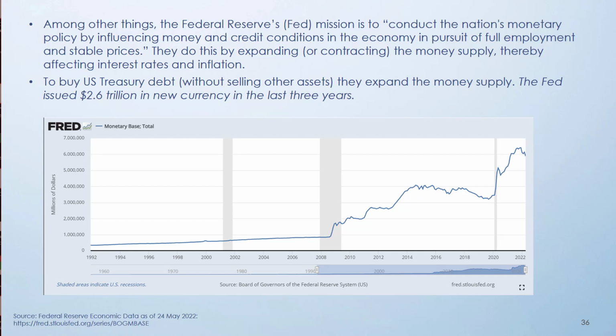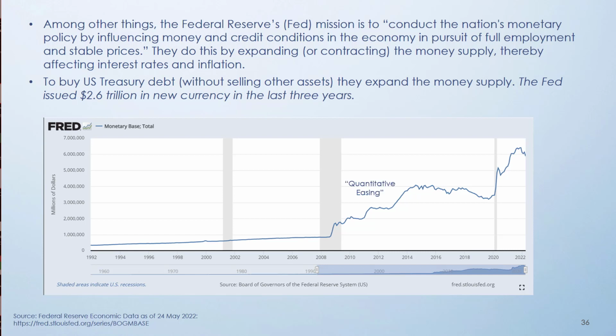Okay? So for them to have bought U.S. Treasury debt without selling off any other assets, they have to expand the money supply. And what we see is in the last 3 years, as we spent a lot of money, had to borrow a lot of money for the response to the pandemic, the Federal Reserve actually issued $2.6 trillion in new currency. And when you issue a lot of new currency, that creates inflationary pressure. And sure enough, at the time of the recording of this video, inflation is a problem right now.